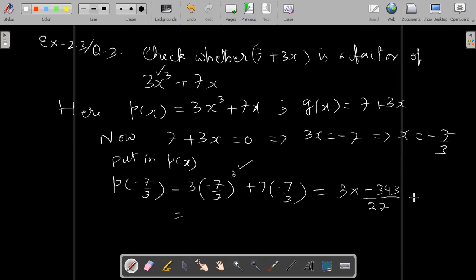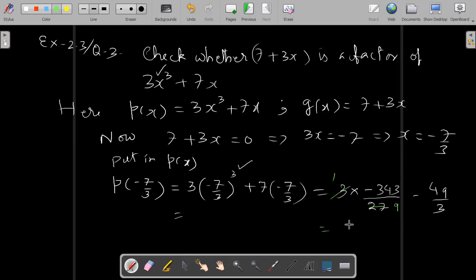Then again minus 7 times 7 is 49 upon 3. So 3 9s are 27. So we get 343 divided by 9. It is not divisible by 9.